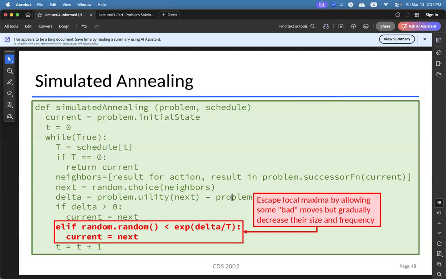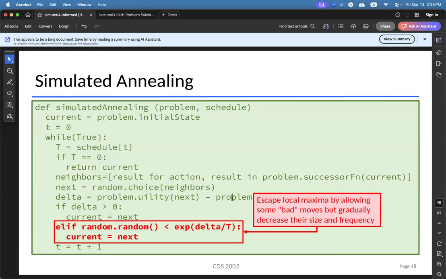But in fact, it depends on your implementation. You can have another technique to implement the threshold, as long as something keeps decreasing the chances of making a bad move, then that works as well. The main idea is that as the search continues, the chances of making a bad move should decrease.